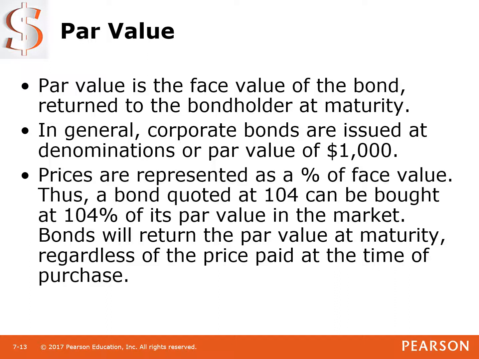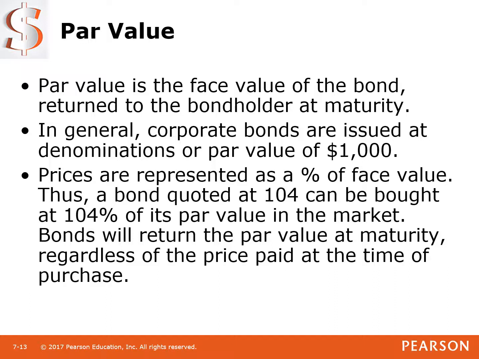So when the corporation says, we promise to pay you $1,000 when this bond matures, we call that the par value or the face value. Now you're going to see in a little bit, just because the corporation promises to pay back that much doesn't mean that's how much the bondholder actually loaned the company or paid for the bond.